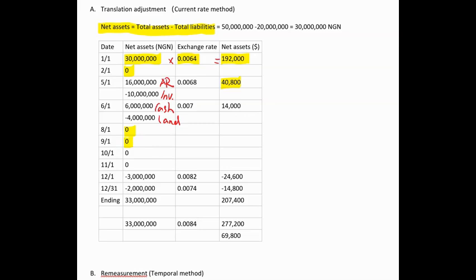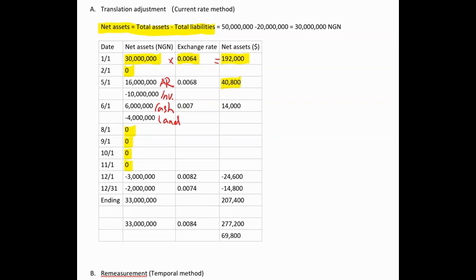October 1st, they bought inventory for 20 million NGN cash. The journal entry is debit inventory, credit cash, the same amount, so still the net impact on total net assets is 0. November 1st, they bought land for 3 million NGN on account: debit land, credit accounts payable. Still the net impact on net assets is 0, because in these transactions we increase both assets and liabilities by the same amount.